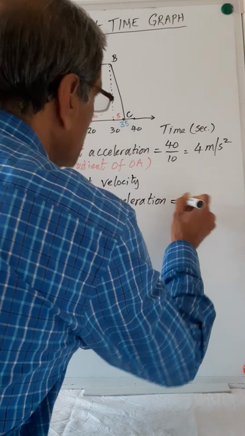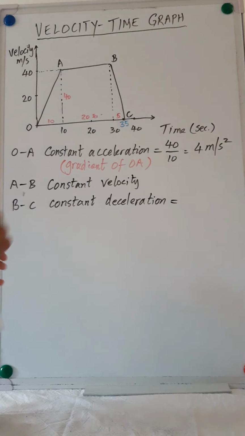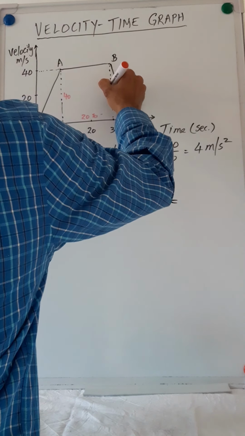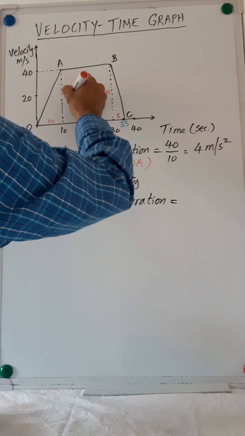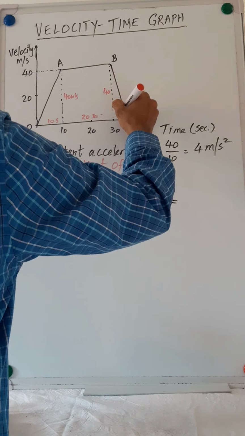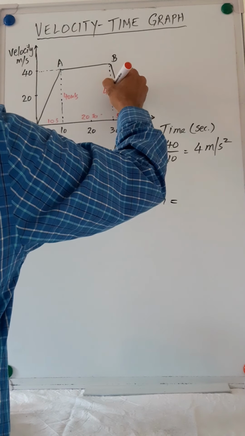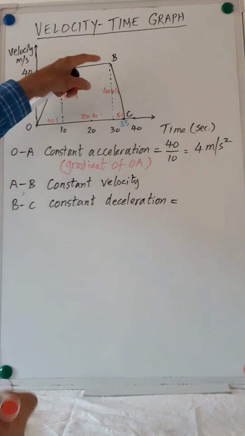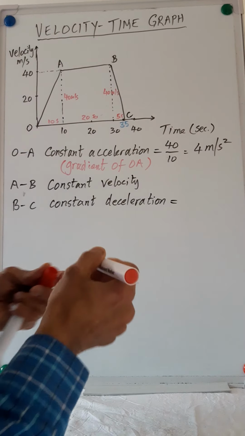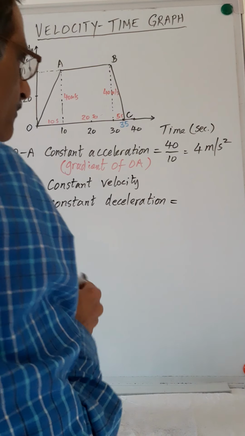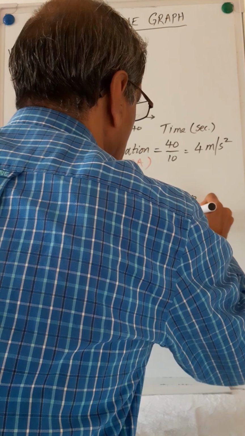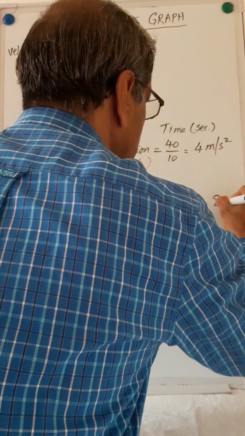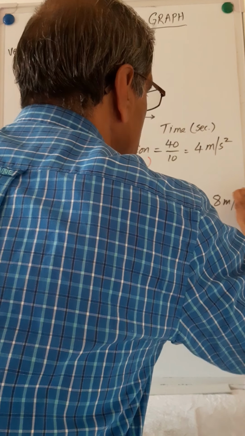The deceleration is the gradient of this graph. This is 40 meters per second, and this is 5 seconds. It's 40 divided by 5, which is 8 meters per second squared.